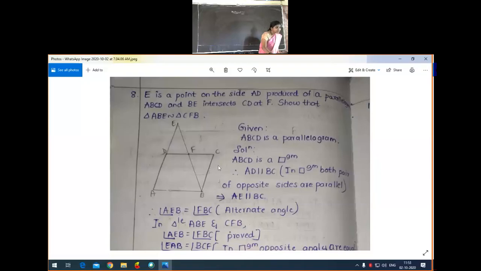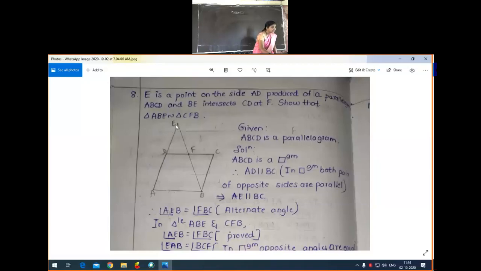If AD is parallel to BC, we can take AE is also parallel to BC, no? Because D is a point on AE only, and E is a produced part of the AD side, that's why AE is parallel to BC.